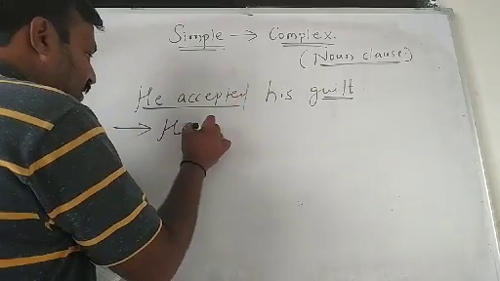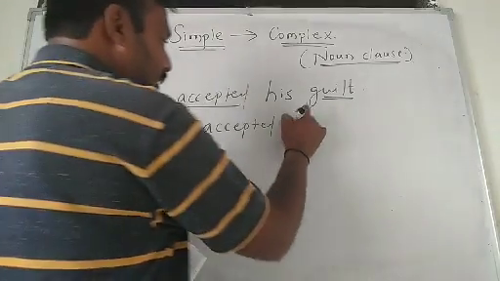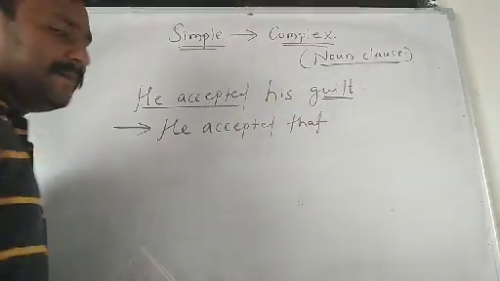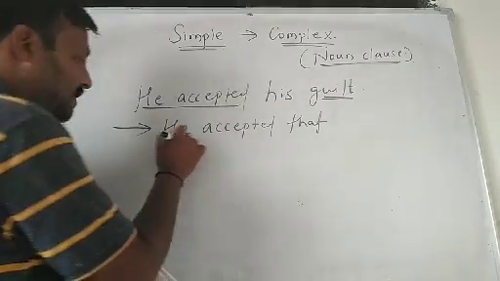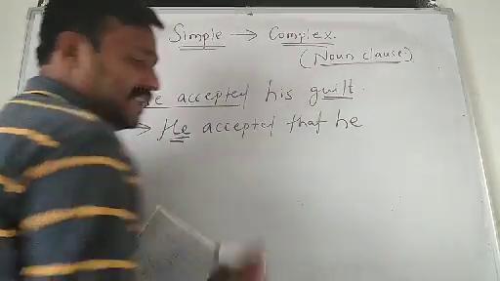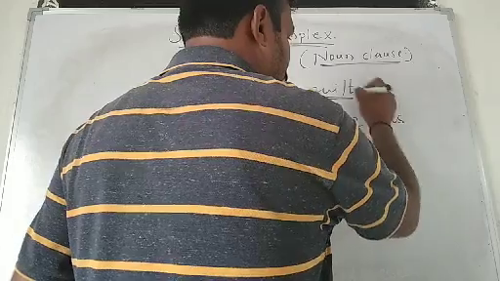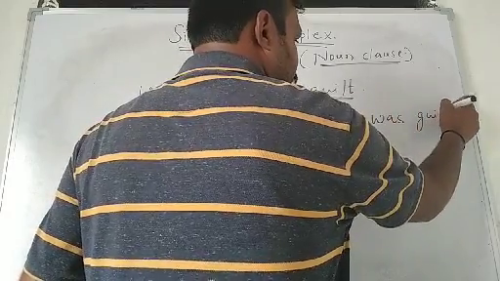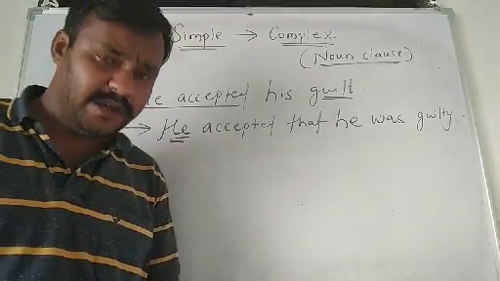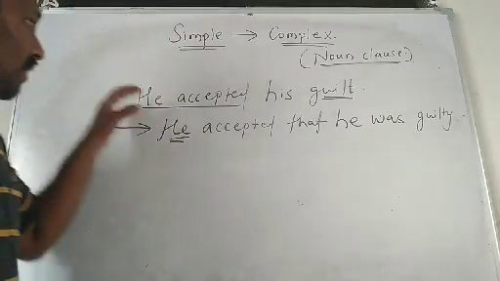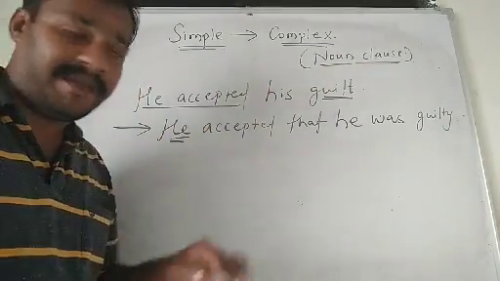He accepted that. Now we are talking about subject. It will remain same, that he was, and this guilt we have to change into adjective form. He was guilty. So he accepted his guilt, simple sentence, and we change it into complex sentence.